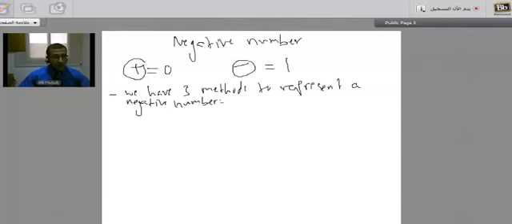The first one is called the sign magnitude.